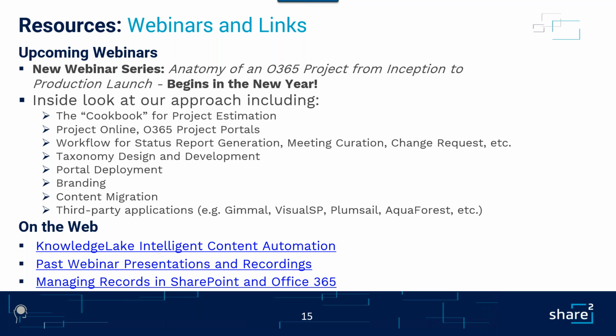Some of the things we do: we set a cutoff date, so we're not going to move anything older than 10 years old, or we move everything into a document center, and then users move the content into their collaboration team sites when they need it. That's a way of making them do it, so to speak. There's a whole bunch of techniques that we've employed over time on content migration. We'll talk about that, and then we'll get into some of the third-party applications potentially, not as deeply as we've done on some of the webinars. We will not have partners joining us on any of these, I don't think.